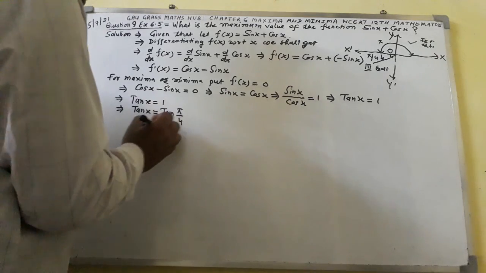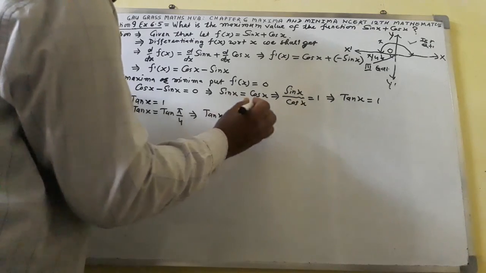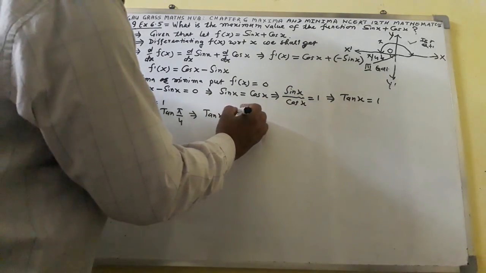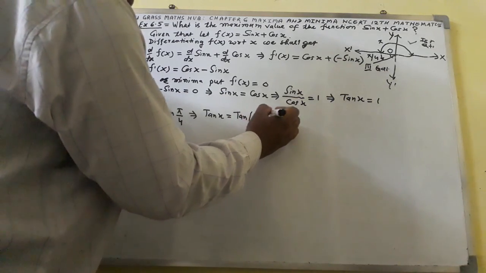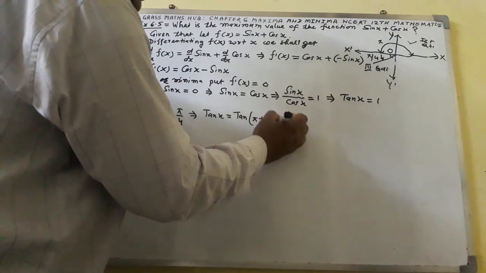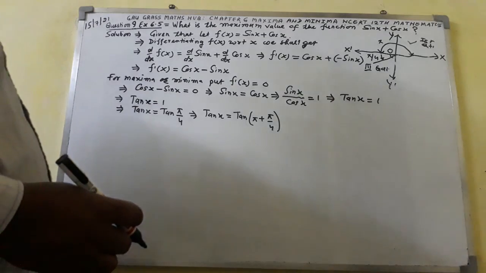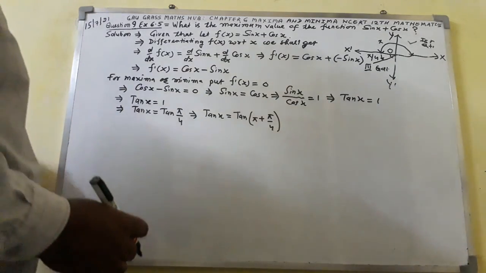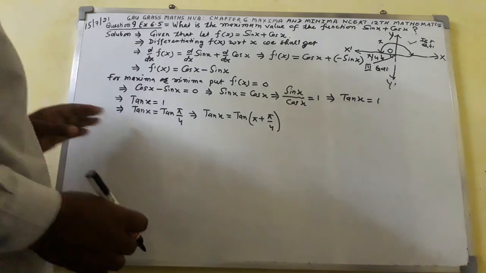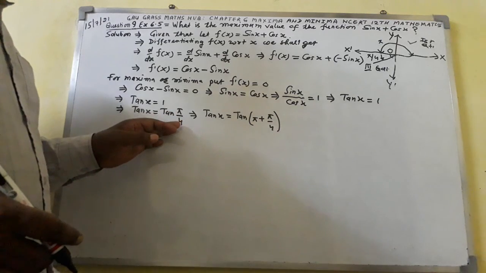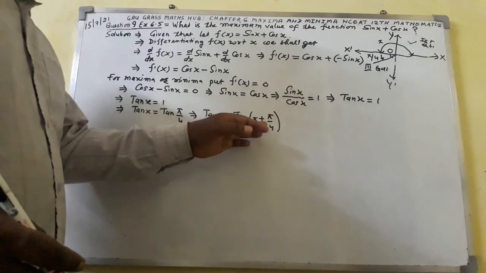So again I can write very well, implying tan x equal to tan of pi plus pi by 4. Tan x equal to tan pi by 4 or tan pi plus pi by 4.